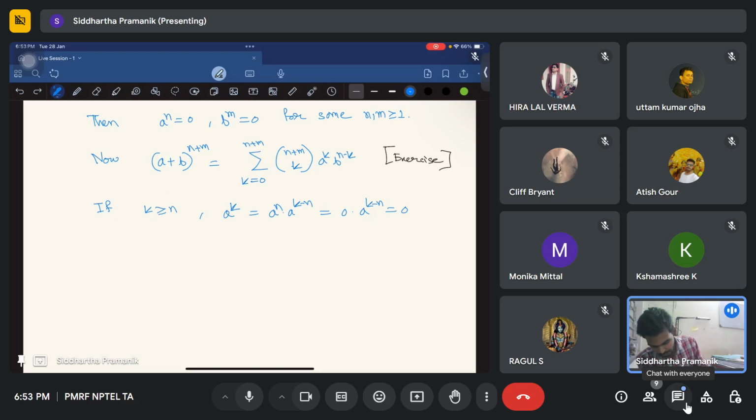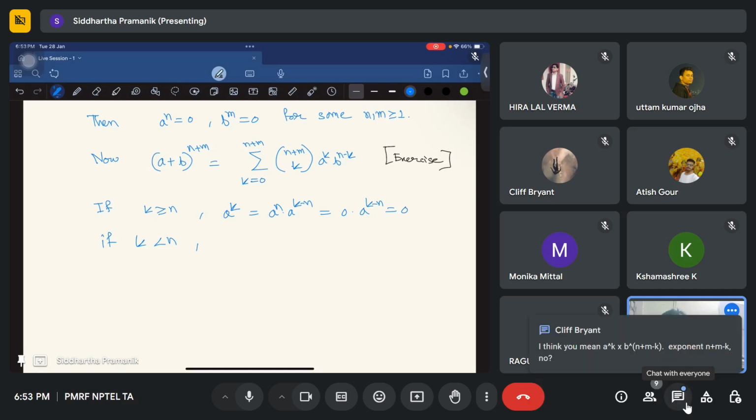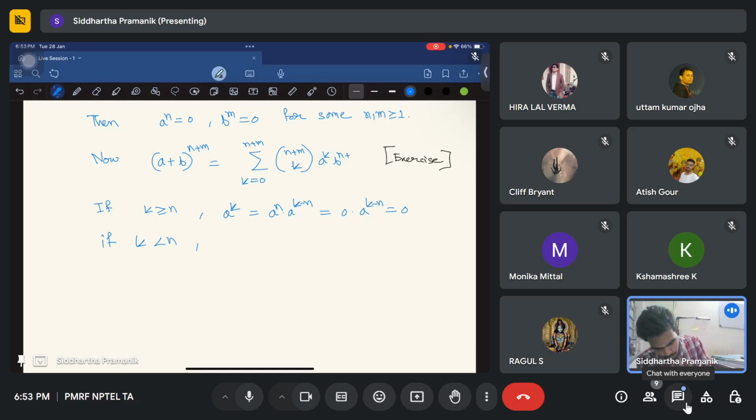Now what happens if k is less than n? Yeah, that should be n plus m minus k, you are correct.